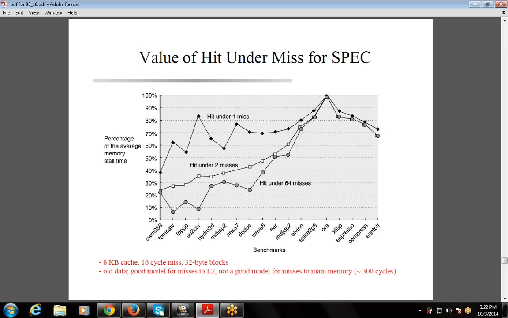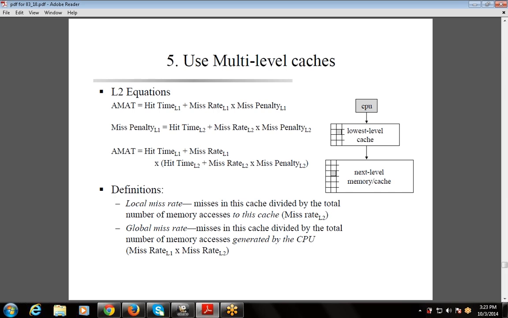This is the percentage of average stall time across multiple benchmarks, with the scale at 0%, 10%, 20%, 30%. The bars show hit under 1 miss, hit under 2 misses, and hit under 64 misses.